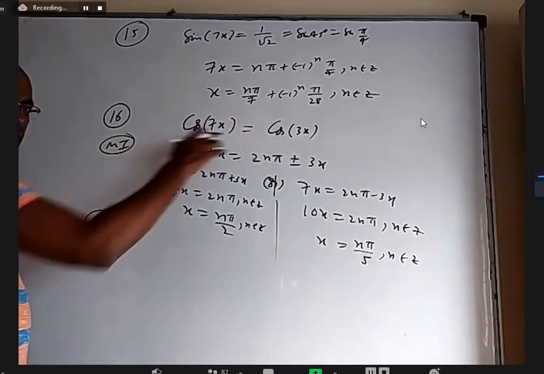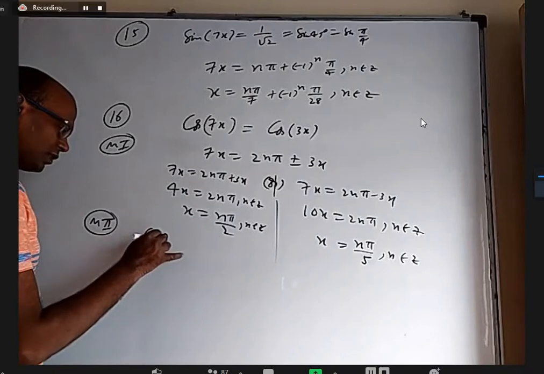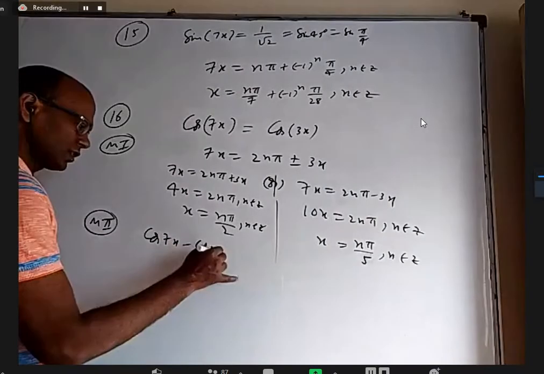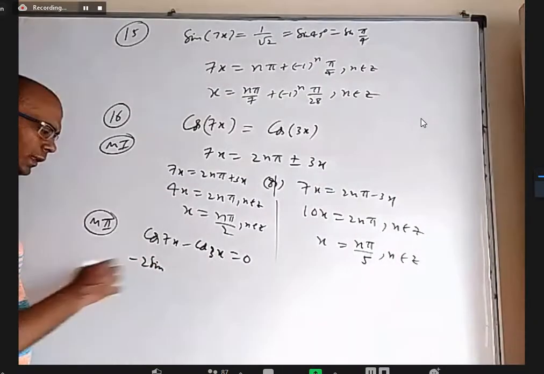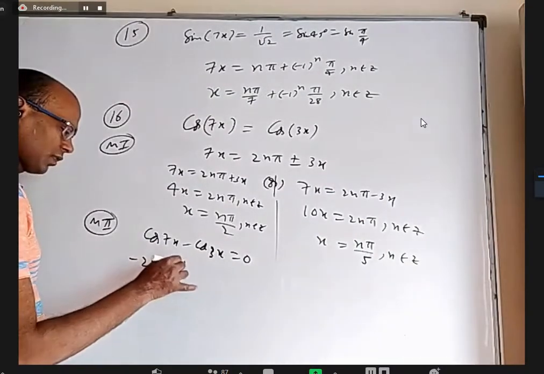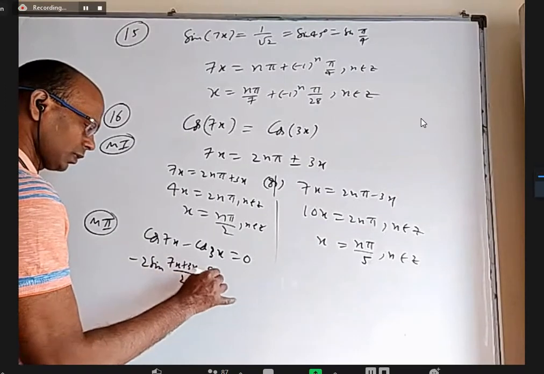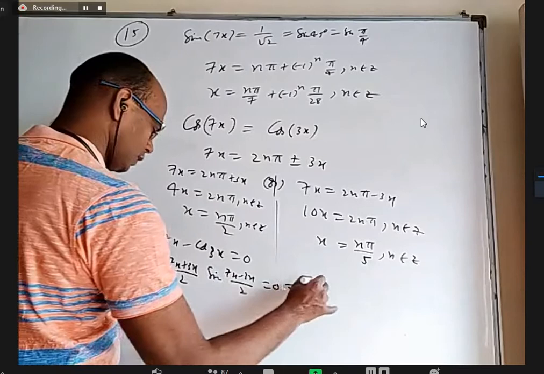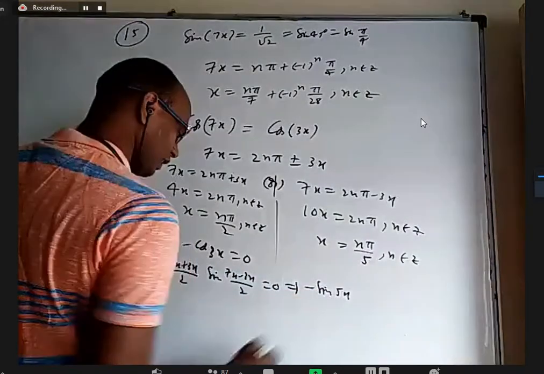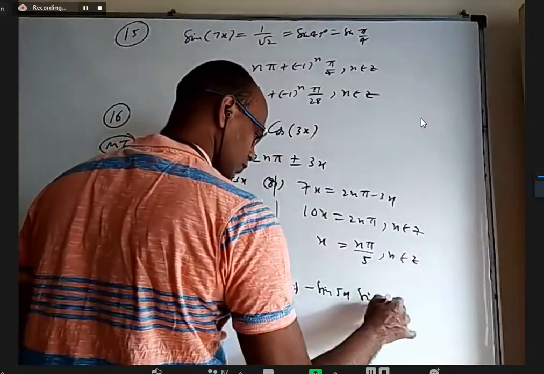As somebody said, we can bring this to one side and apply transformation, and see what happens. Cos 7x minus cos 3x equal to 0. The cos c minus cos d formula is minus 2 sine (c plus d) by 2 sine (c minus d) by 2. So 7x plus 3x by 2, sine 7x minus 3x by 2, equal to 0. That is minus sine 5x sine 2x equal to 0.